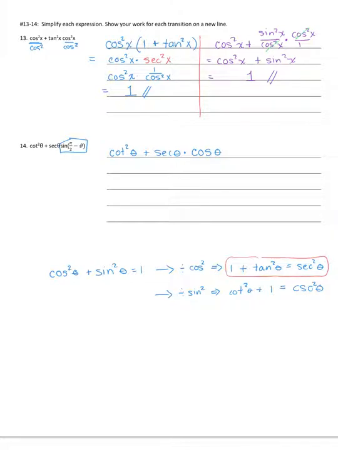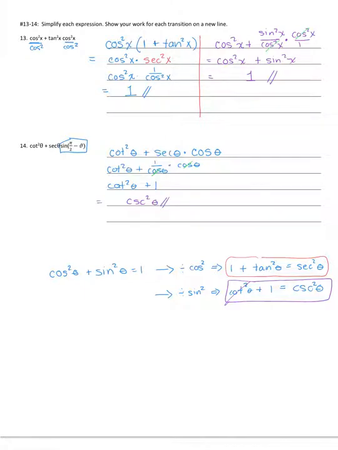So then we have cotangent squared theta plus, I know that secant is 1 over cosine times my cosine theta, and these will cancel, leaving me with cotangent squared theta plus 1. If you're comfortable with that, cotangent squared theta plus 1 is the same thing as cosecant squared theta.